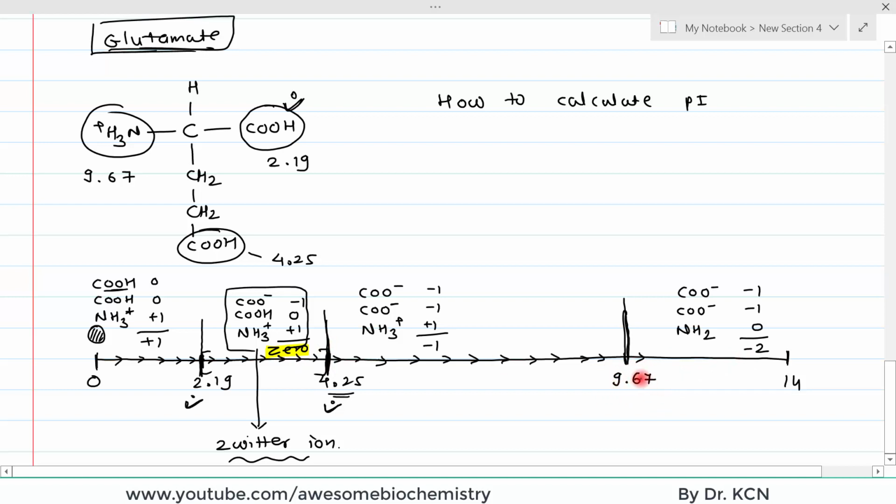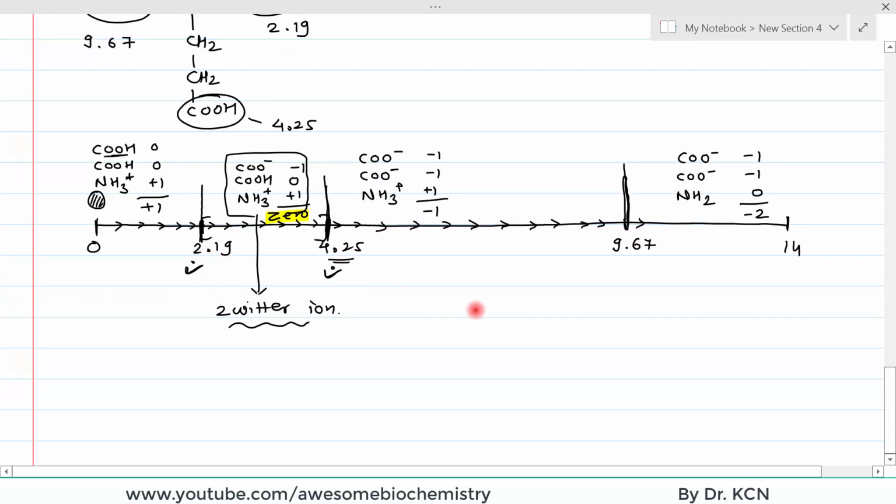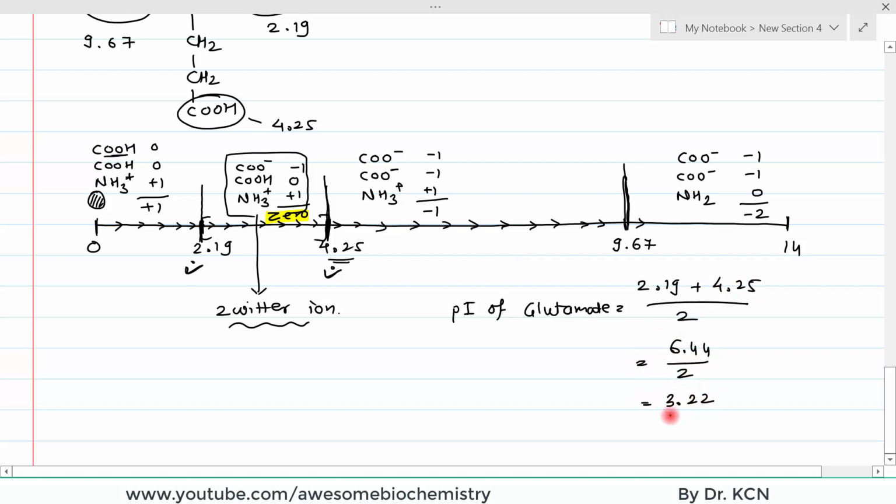So, the pI of glutamate is going to be 2.19 plus 4.25 divided by 2. So, 6.44 divided by 2, and the answer will be 3.22. So, by this you can calculate the pI of glutamate.